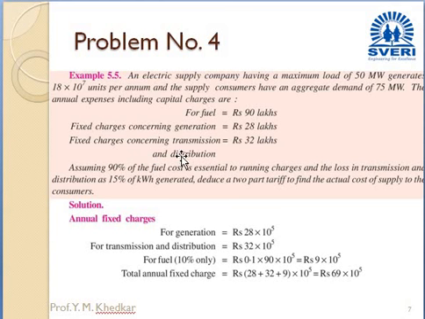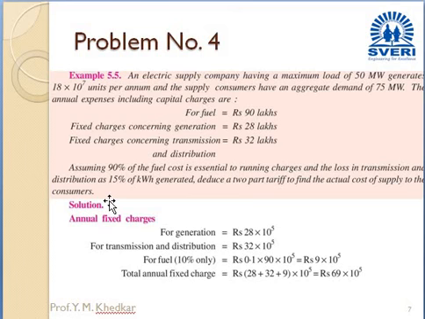It means distribution is also added in the same. Assuming 90% of the fuel cost is essential to running charges, and the loss in transmission and distribution as 15% of kilowatt hours generated, deduce a two-part tariff to find the actual cost of supply to the consumer.